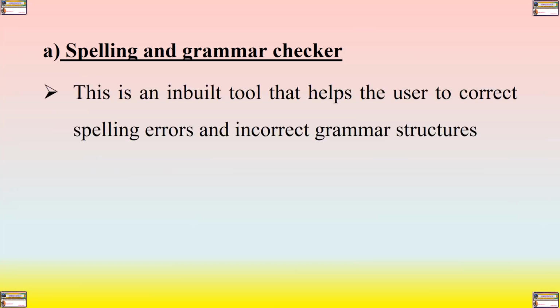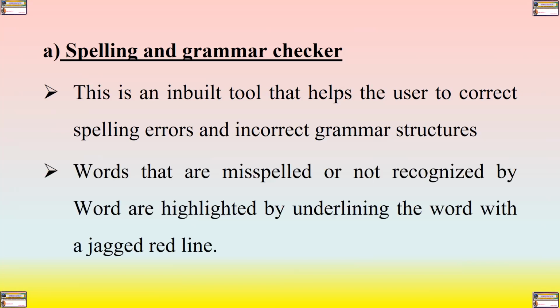A spelling and grammar checker is an inbuilt tool that helps the user to correct the spelling errors and incorrect grammar structures. Once a term is misspelled or not recognized by Word, it is highlighted by underlining the word with a jagged red line.